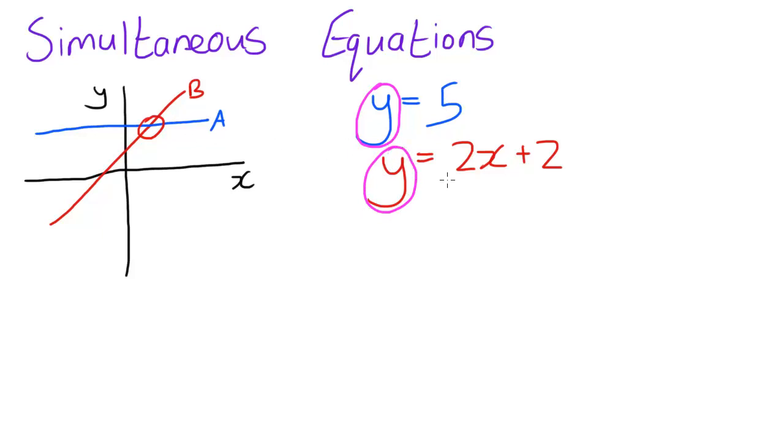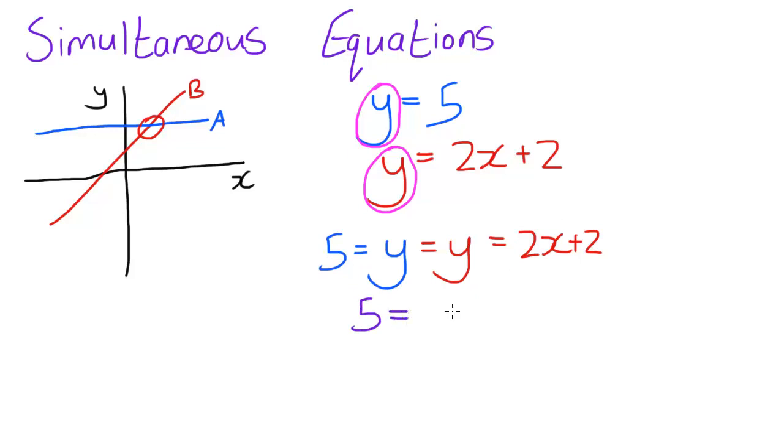So with these equations I can say we have y equals 5, or 5 equals y, which is equal to this y here, which is also equal to 2x plus 2. So we have 5 over here equal to 2x plus 2 over here. They're all equal.